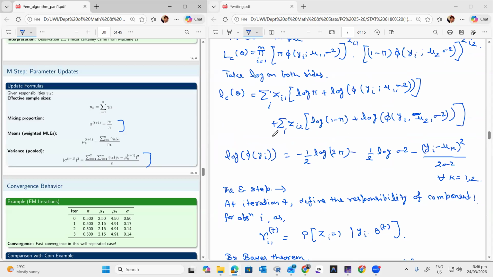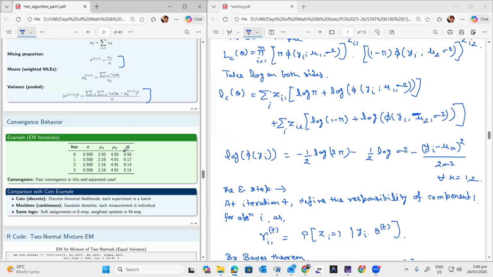When we iterate this, it is difficult to do by hand because probabilities are there. So I just give the initial values of pi as 0.5, mu1 as 2.50, mu2 as 4.50, and sigma as 0.5. When I started the iteration, it comes like this: 0.5, 2.16, 4.91, 0.17, and so on.